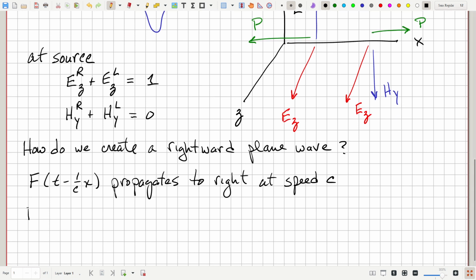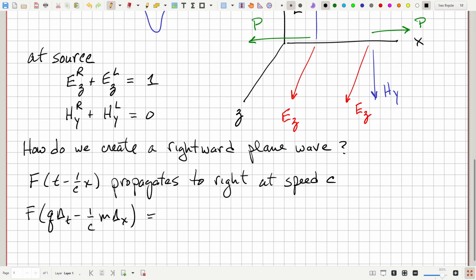And since we call t = q times delta t, right? q doesn't have to be an integer here. And then we call x = m times delta x. This is the form that this function would take. This is a solution of the wave equation that propagates to the right.